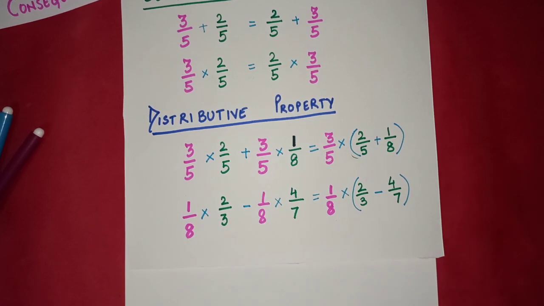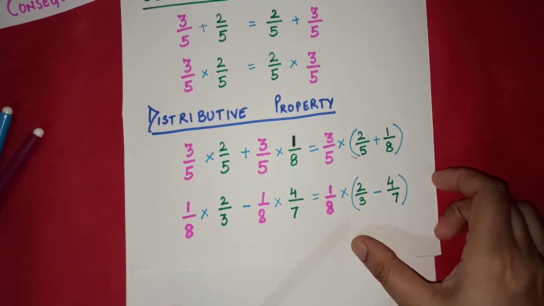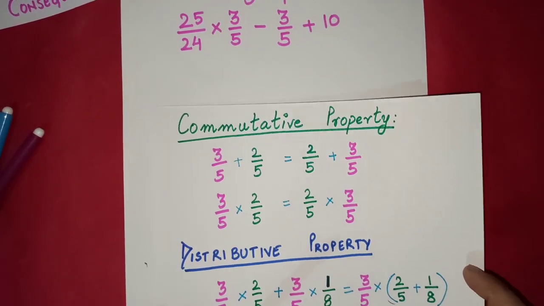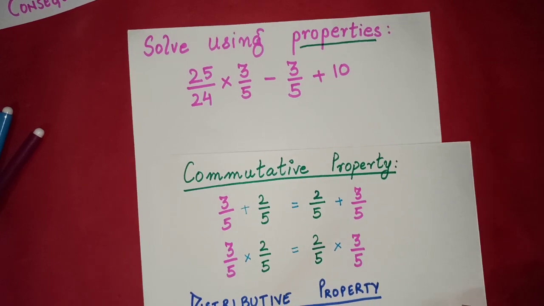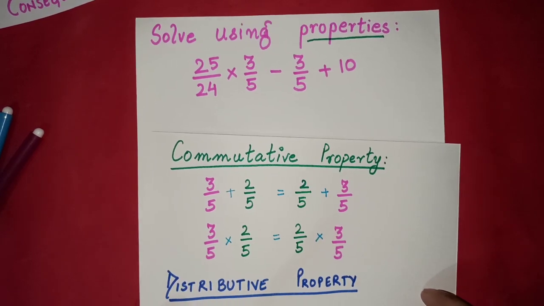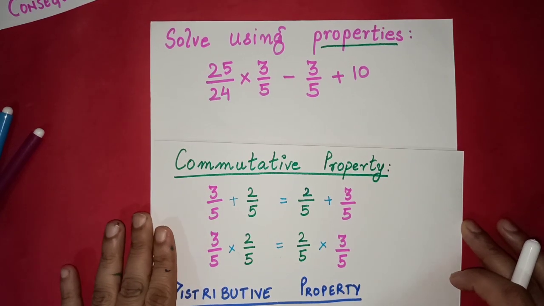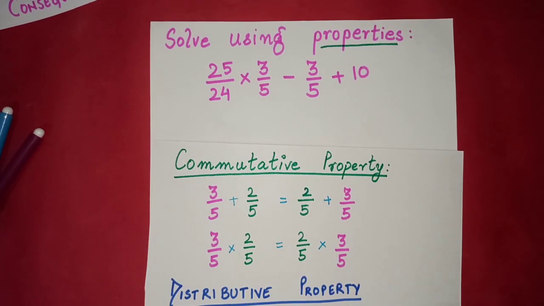So these are the two properties. Now we are well aware of these properties, but how to apply these properties in our question? This is the main problem. So now first let us see, is there any fraction or any rational number which is repeating?